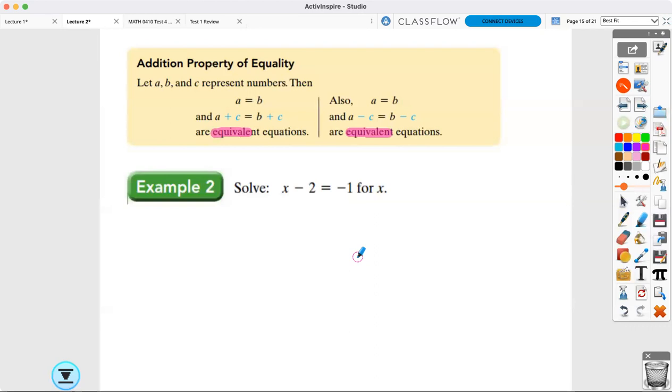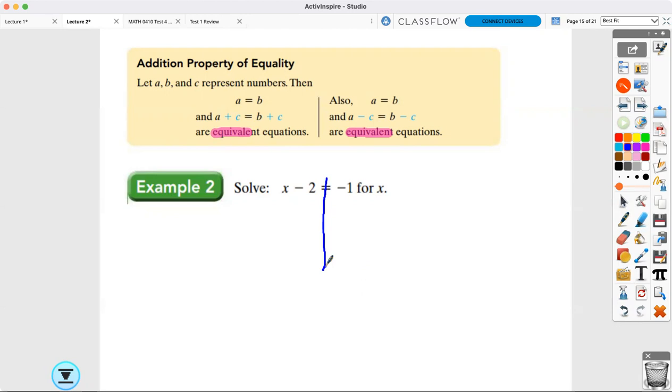So the equation for example 2 says solve x minus 2 equals -1 for x. Whenever you have an equation that we have to solve for, the first thing I want you to do is draw a line down the equal sign. That line represents the balance, the scale, the part that holds both sides, okay?